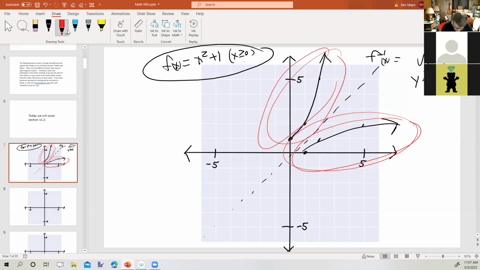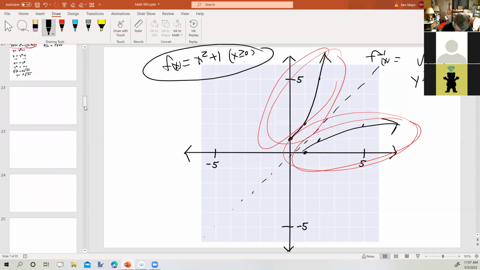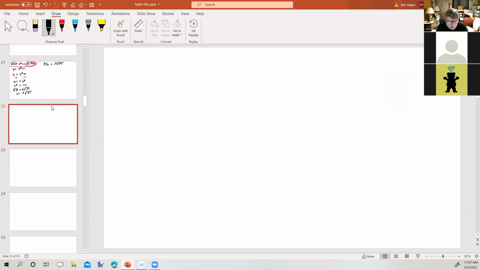Okay. What I want to do now is focus on finding the inverse of a one-to-one function. That tends to be the thing that gives people the most trouble. So I'm going to look at some more examples. Here we have f of x equals 2x plus 6 all over 3.